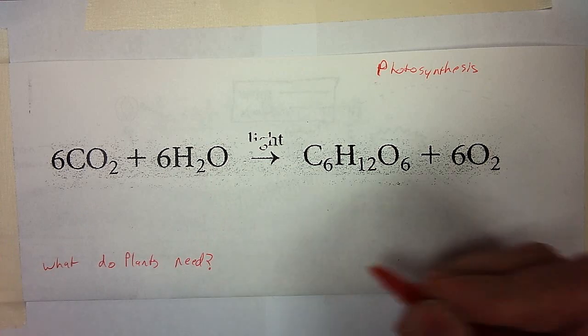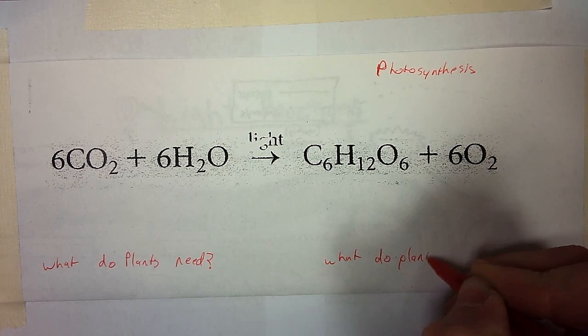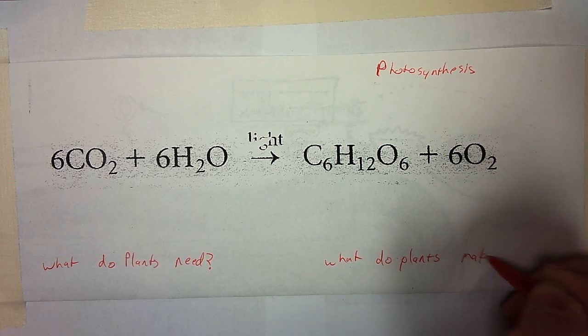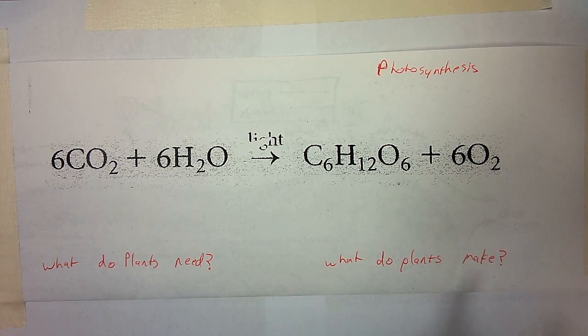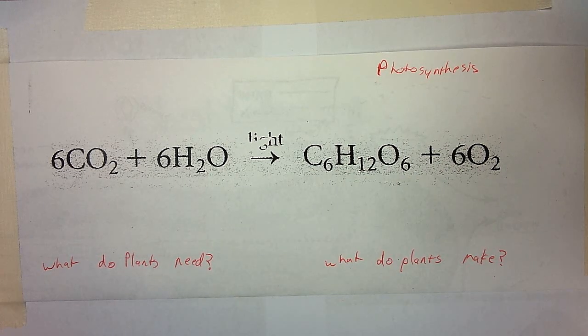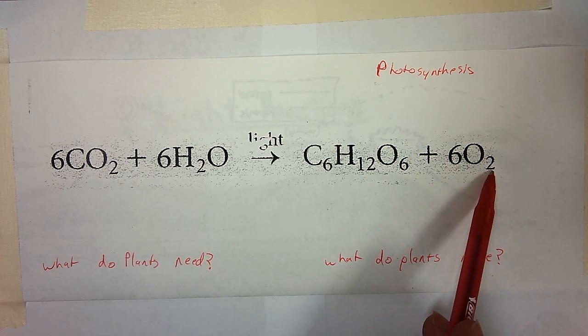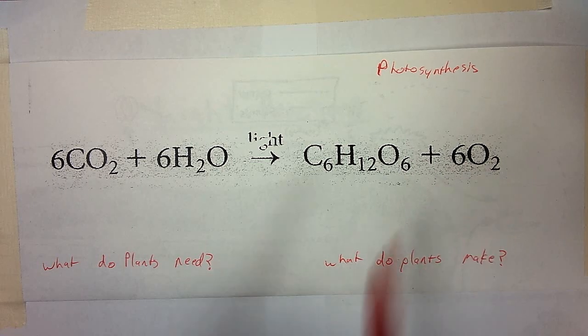And then, what do plants make? That would be glucose and oxygen. One is a stored product, one is a waste product, and we'll get to that in just a moment.